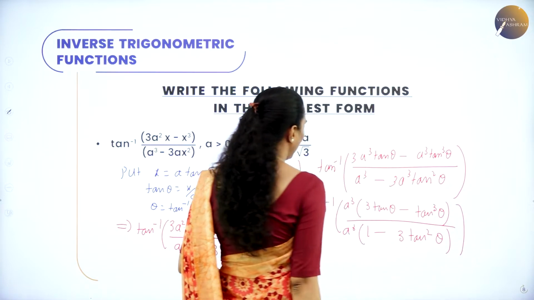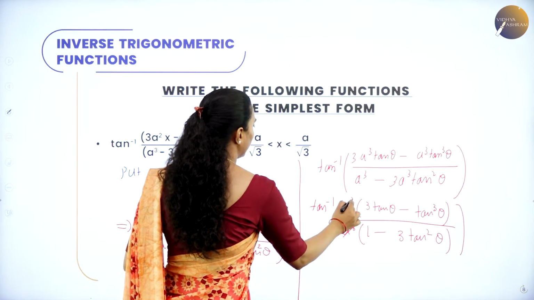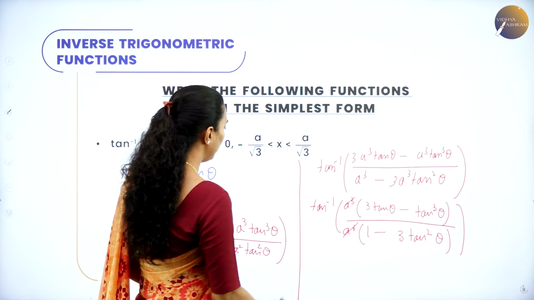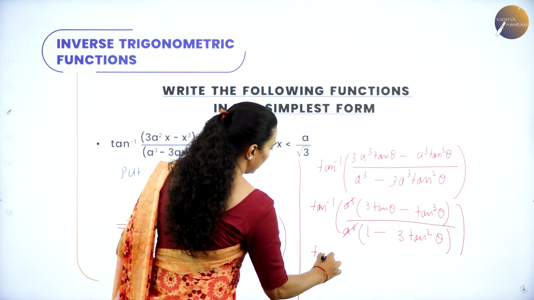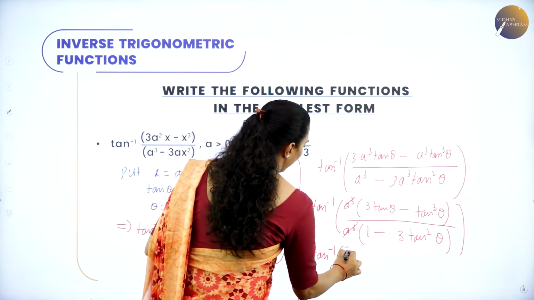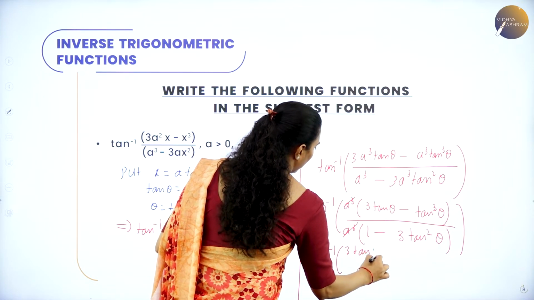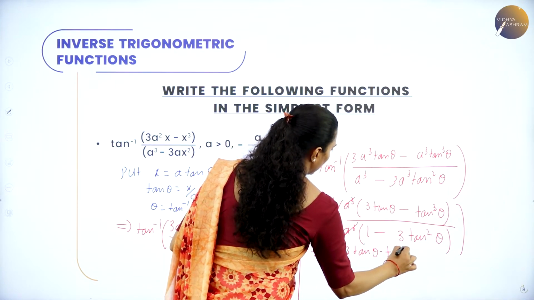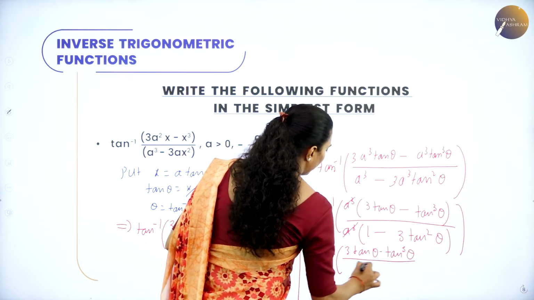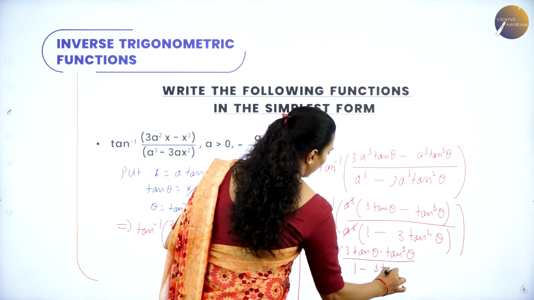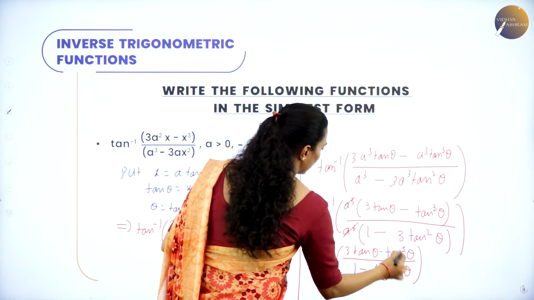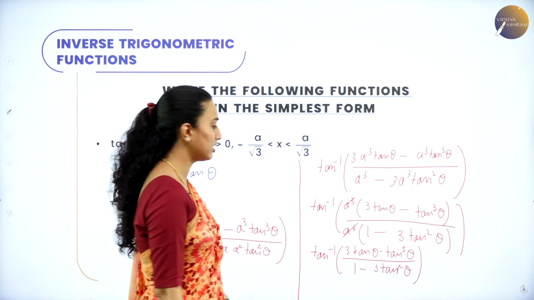So a cube and a cube will get cancelled. You are going to remain with tan inverse of 3 tan theta minus tan cube theta divided by 1 minus 3 tan squared theta, which is nothing but tan 3 theta. Correct?